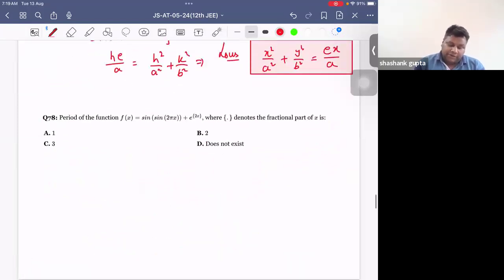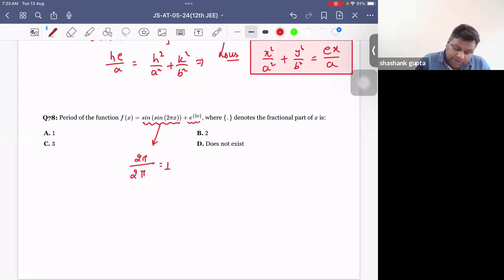Now, the period of the function f(x) equals sine of 2 pi x plus e to the power fractional part of 2x. Now, about this sine of 2 pi x, its period will be what? 2 pi upon 2 pi, that is 1. Yes or no?